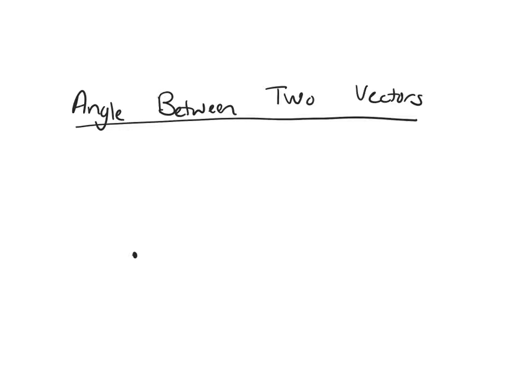So let's say my vector u goes off this way, and then my vector v goes off this way. And this initial point, though I didn't draw it, we're going to think of as the origin. And I want to talk about the angle between these two vectors here, this angle theta.